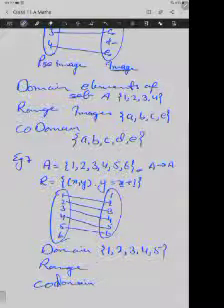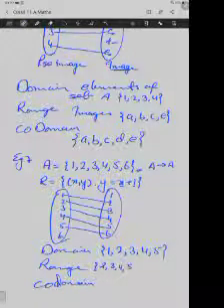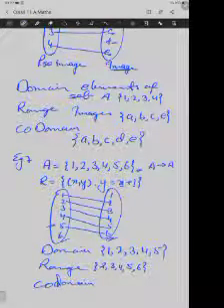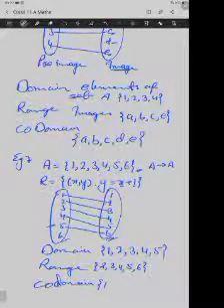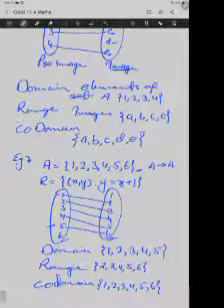Range, the used elements of images, that is 2, 3, 4, 5, and 6. These used elements will be the range. Codomain is now all the elements, whether used or unused: 1, 2, 3, 4, 5, and 6. These are set as the codomain.